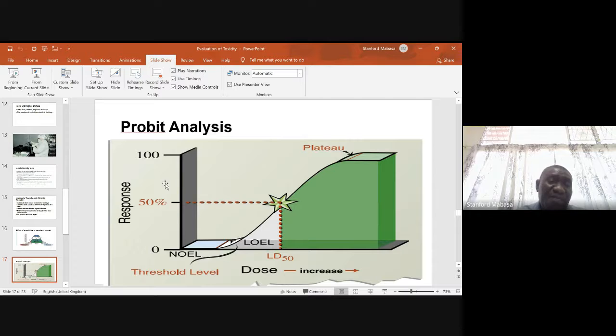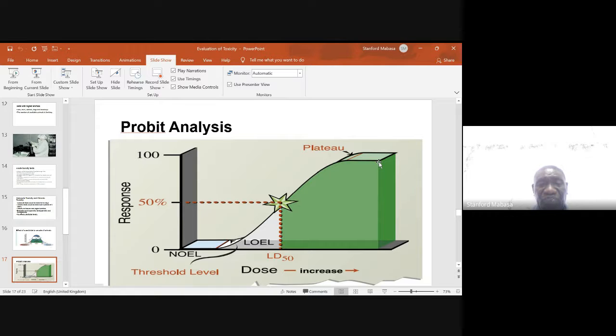Then the response is the death of the rats or the animals under test. So if you draw a graph, at almost zero, nothing is happening. You reach a certain stage where the death rate will increase, and then it reaches a plateau.